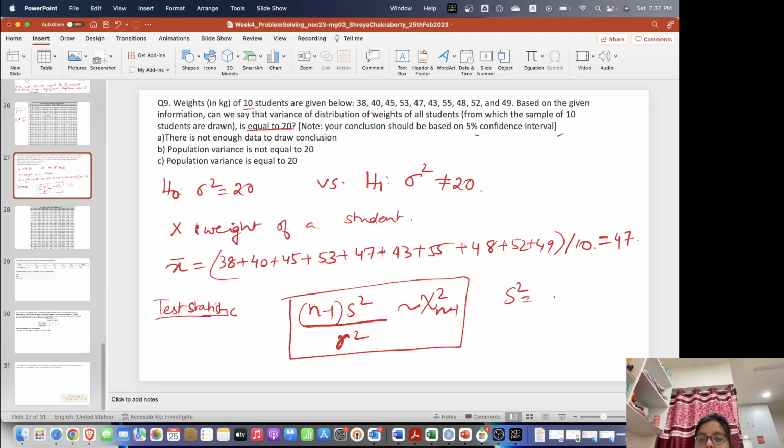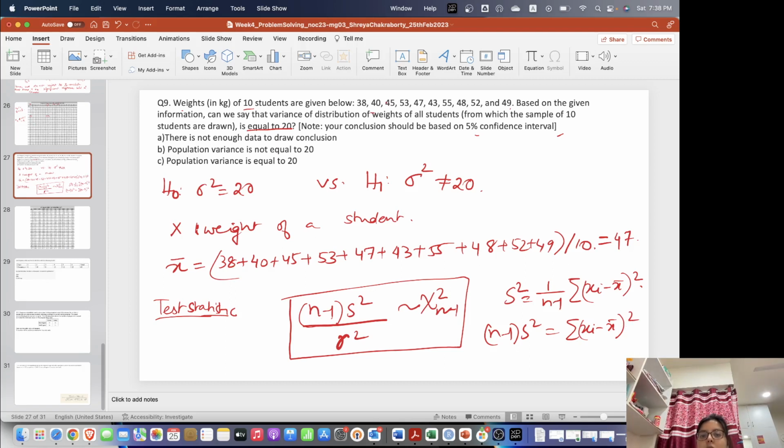So s square is nothing but 1 by n minus 1 summation xi minus x bar square. So we have to find out n minus 1 s square, which will be summation xi minus x bar whole square.